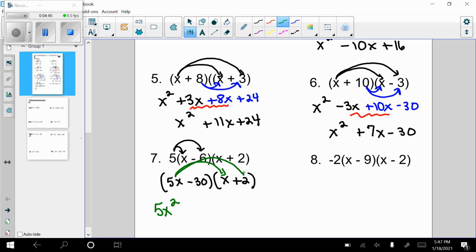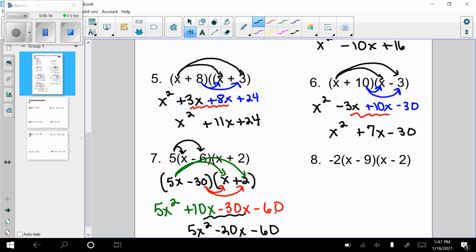Outside will be 5x times 2, which is plus 10x. Then I go on my inside. Negative 30 times x is negative 30x. And my last is negative 30 times 2, which is negative 60. And my two middle terms go together again, my like terms, and I get 5x squared minus 20x minus 60.